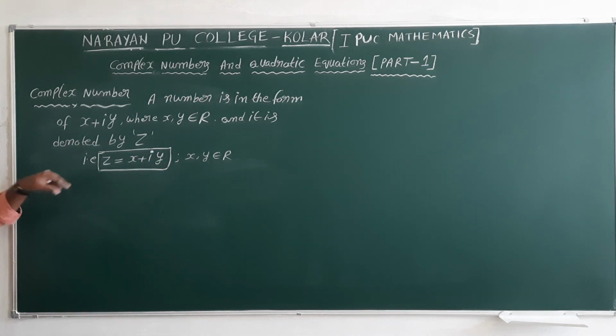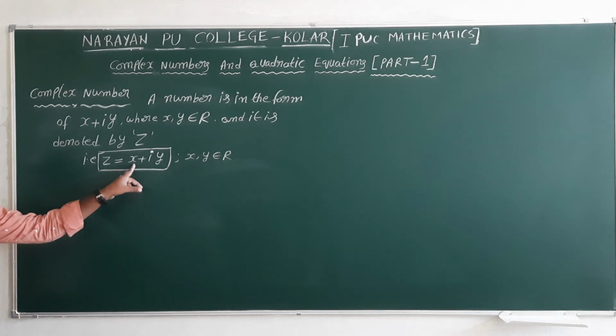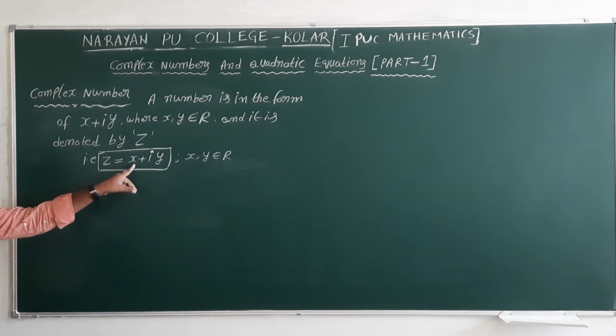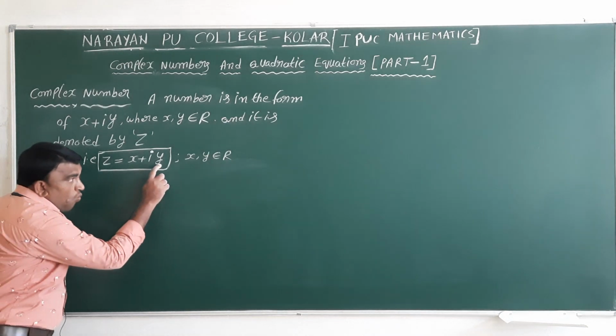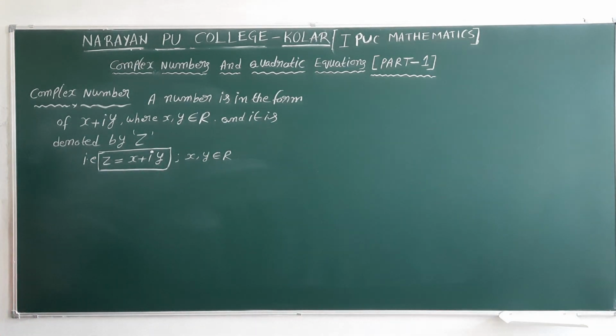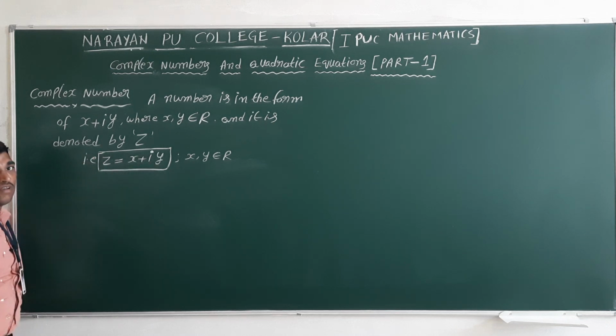So here in this complex number, x we can call it as the real part of the complex number, and y is the imaginary part of the complex number.